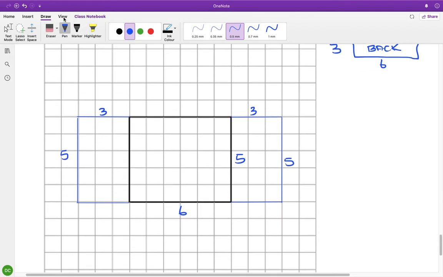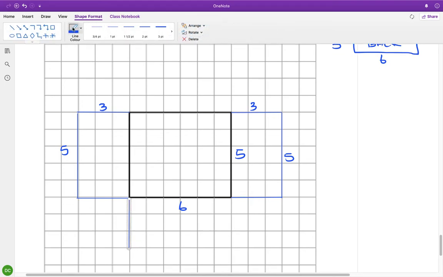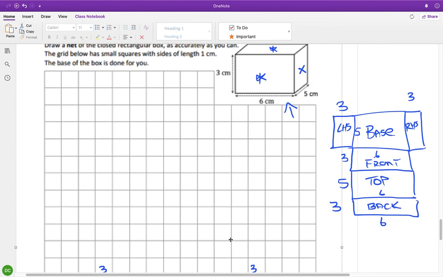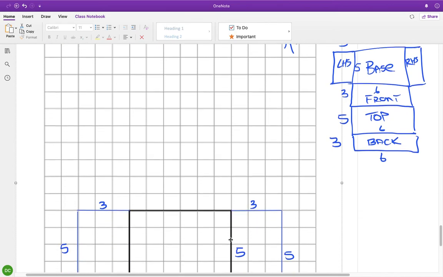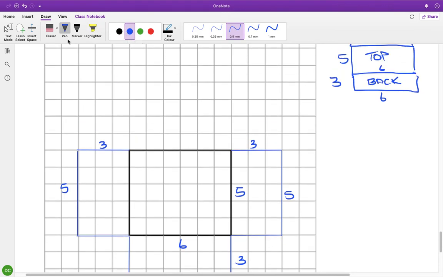Okay, so insert line. That's good. I need to go down 3. And then line, go across 6. Line and 3. Okay, and then let me write them in again, sorry. So that's 3 and that's 6, and then I need another one of them here.